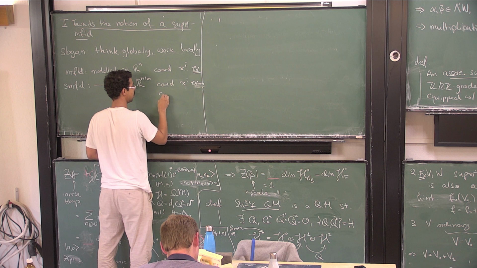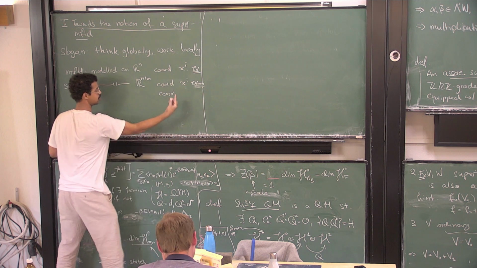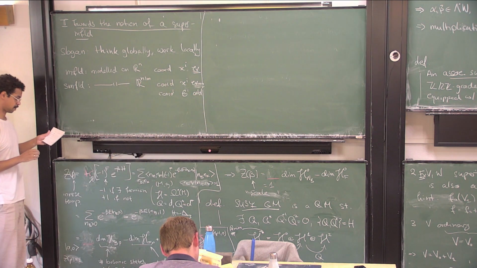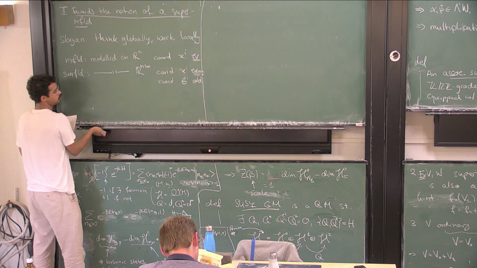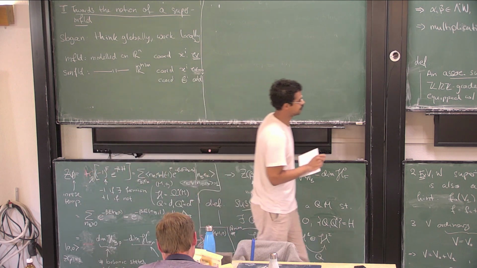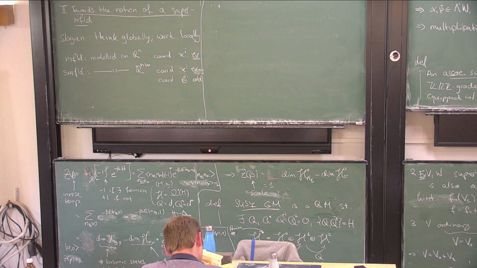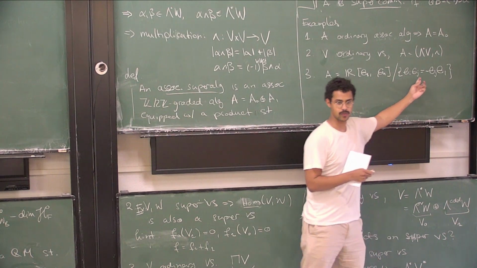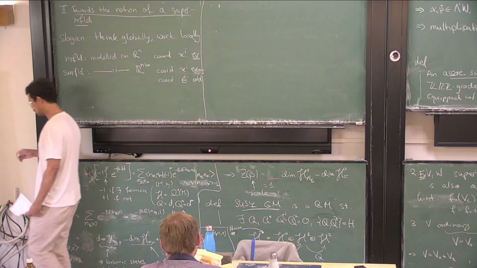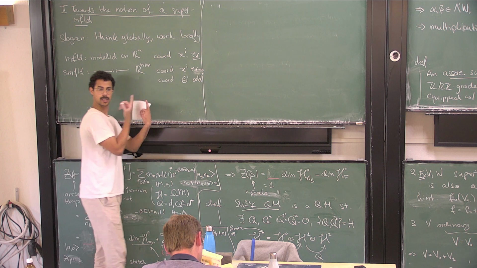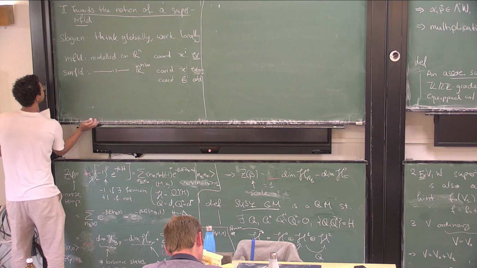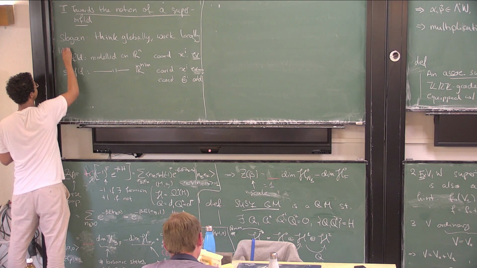But then you would also have coordinates on the second copy, on the odd part, where theta i is odd. And what we mean by these odd coordinates, we will see in a second, but essentially it will always amount to the property that they square to 0 and that they anti-commute. If you think of them, for example, as coordinate functions, then you could multiply them and exchange them. So that would be idea one.